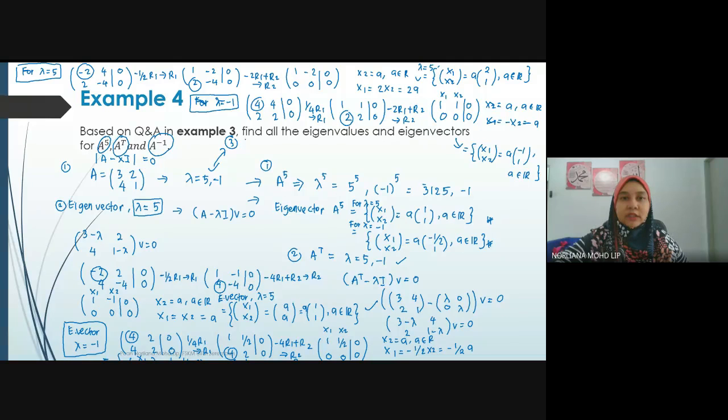Cari je lah lambda. So, lambda equal to 1 over lambda kan. So, dia akan jadi 1 over 5 lah. Untuk A inverse ni. And then, the second one equal to 1 over negative 1. Negative 1 juga. And the eigenvector equal to original eigenvector. Equal to V. So, original eigenvector yang ni je lah. Tak perlu awak cari. Yang ni dengan yang ni.